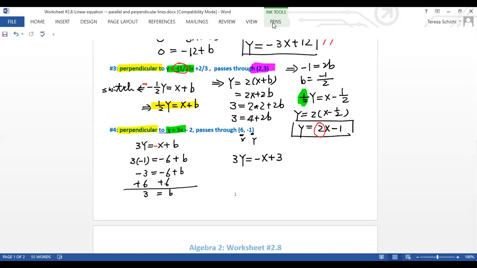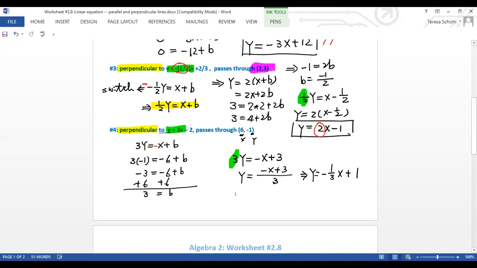This is not the slope-intercept form because I have a constant in the front. So what do I need to do? Divide by 3, right? So if you divide by 3, y is equal to the whole thing divided by 3. So y is equal to negative 1/3 of x plus 1, right?